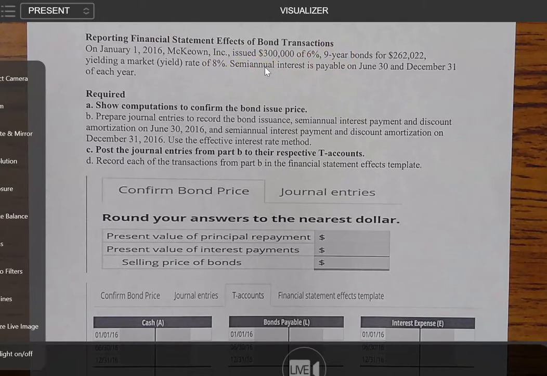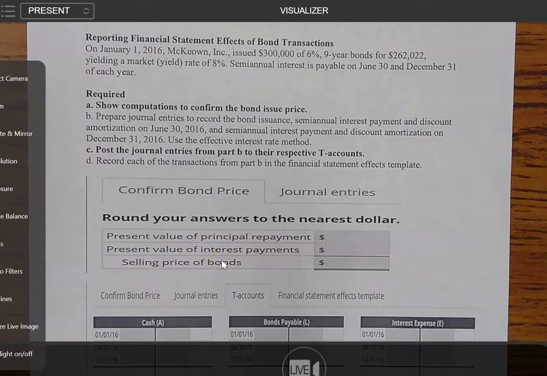That means we're going to pay interest twice a year, and come up with the present value, or the initial carrying amount of cash received. These are all the same things. But we've been given that. So they want something a little bit different. They want to know the present value of the principal portion, as well as the present value of the interest payments. And that's going to give us the selling price of the bonds.